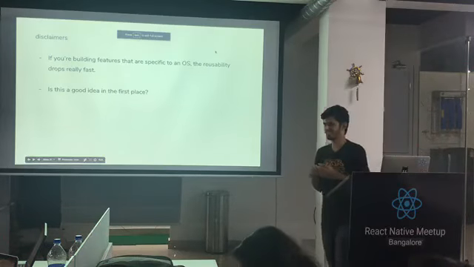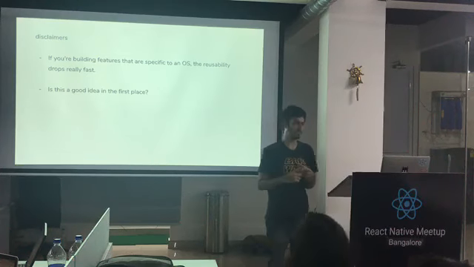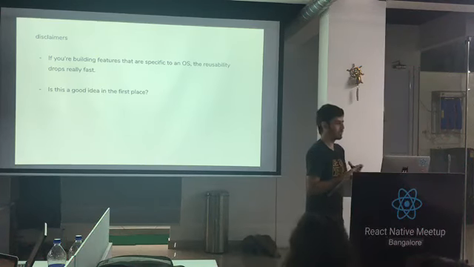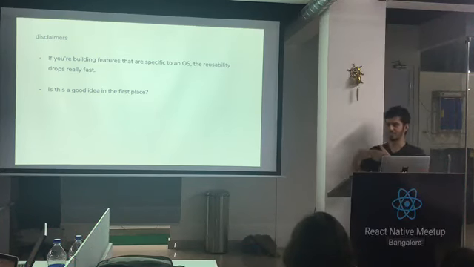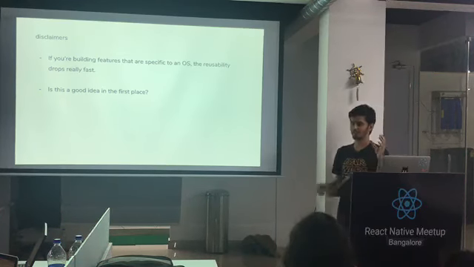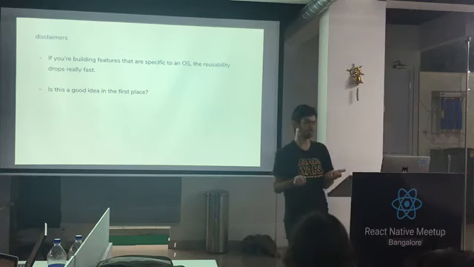Lastly, this is like a fun disclaimer. If you're building features that are specific to an OS, the reusability will drop really fast. For example, if you have a notification drop, right, that doesn't happen. So all of that code is relevant only to your native app, and that part is never going to be reusable.